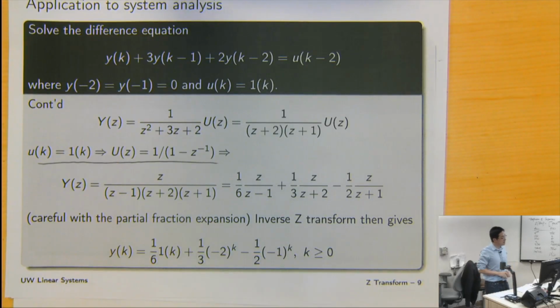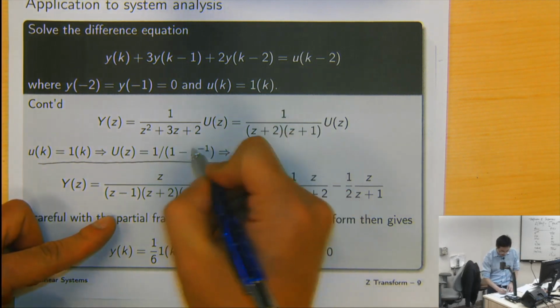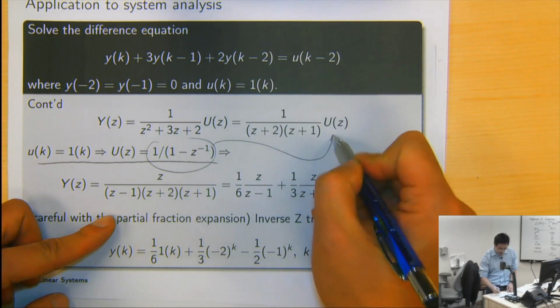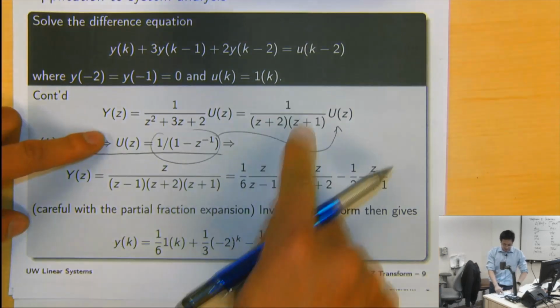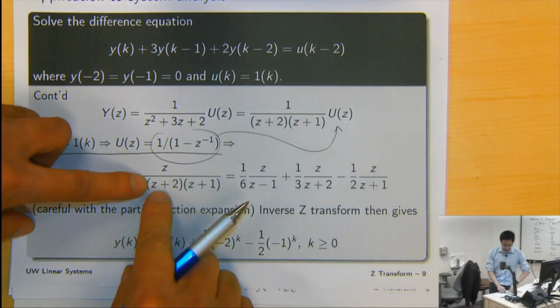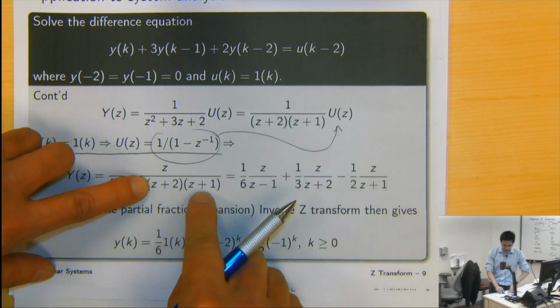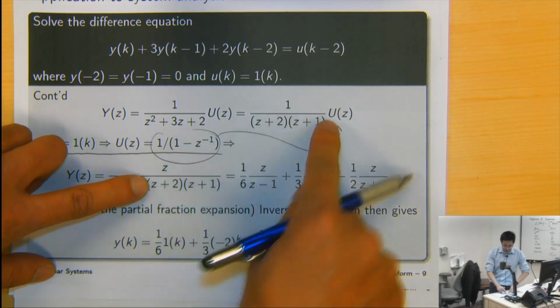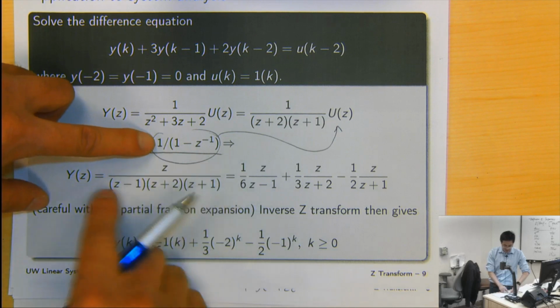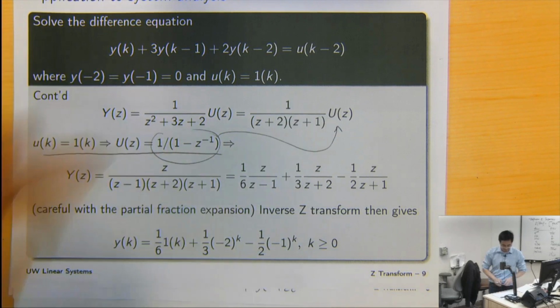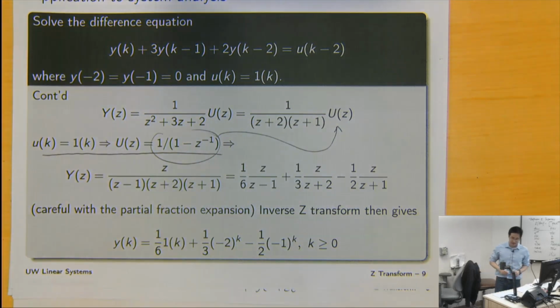It's 1 over 1 minus z to the power of negative 1. So just plug this in here, we get z squared plus 3 z plus 2, times Y(z) is z divided by z minus 1. Any questions up to this stage?